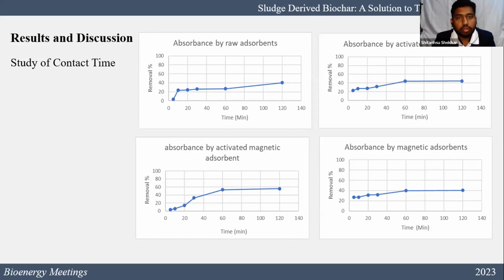So, the study of contact time: we can see that the raw and the activated magnetic show a similar trend, going up and then straight. After 120 minutes, it was the maximum point, and in physics, we call it the fracture point.